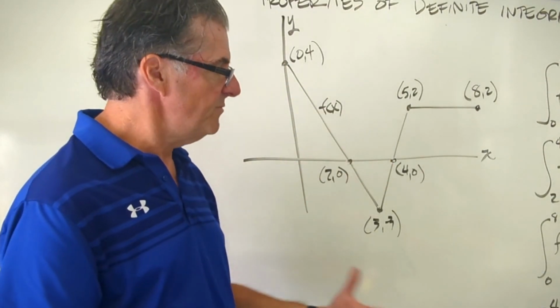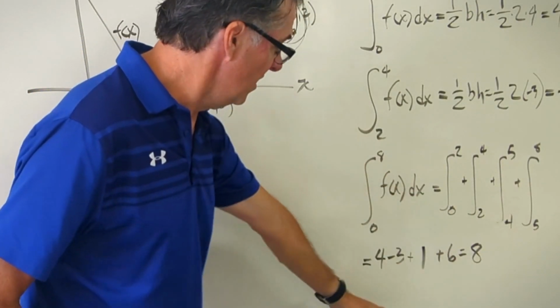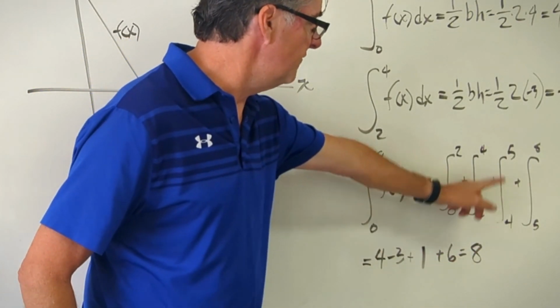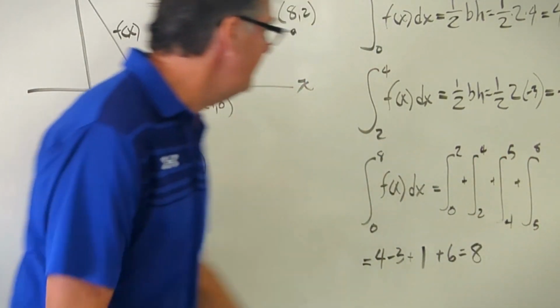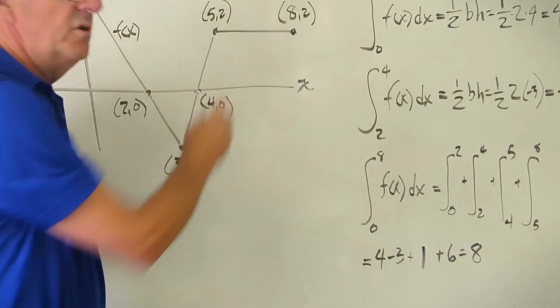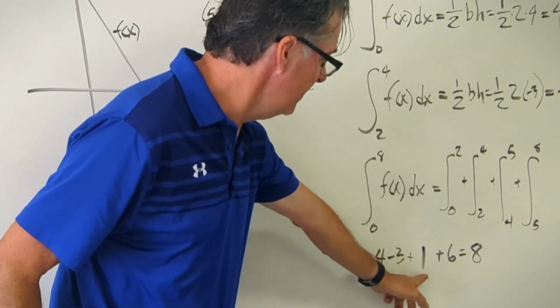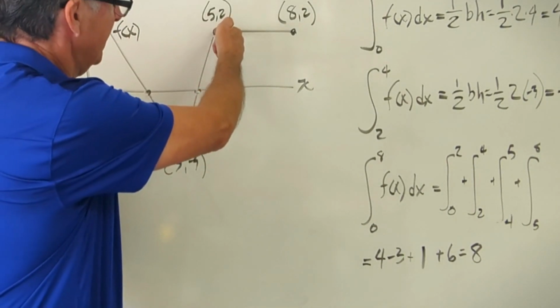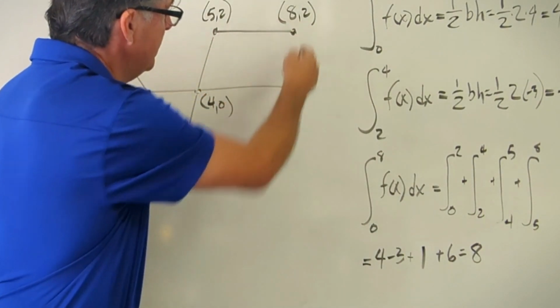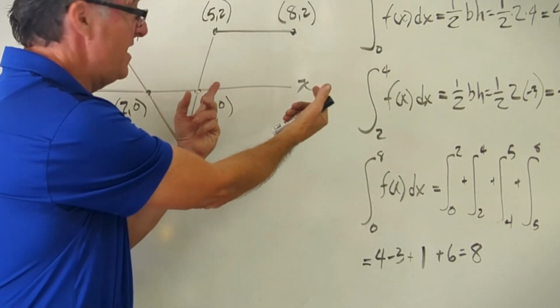Okay, I finished that up. I brought down my 4 for the integral from 0 to 2. I brought down my -3 from 2 to 4. Now doing the 4 to 5, I have this little triangle here with a base of 1 and a height of 2. So 1/2 times 1 times 2 is 1. I brought that down. And then finally, the area of this one is just length times width, we could call it base times height.